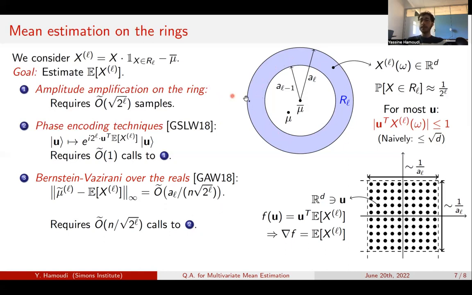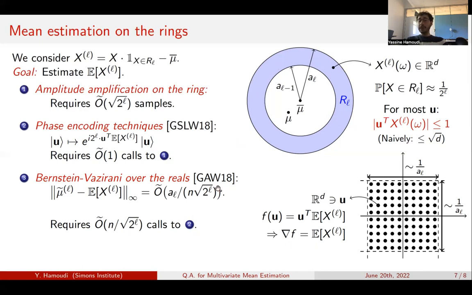But on the other hand, because the contribution to the expectation is becoming smaller and smaller, we can spend a smaller amount of time at the third step on the estimation. And this trade-off is the reason we are considering those different rings and splitting the estimation into each of those rings.